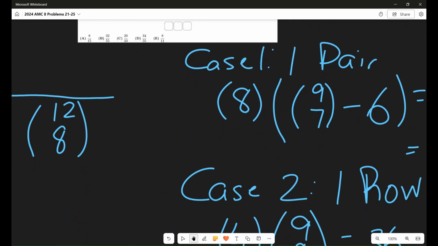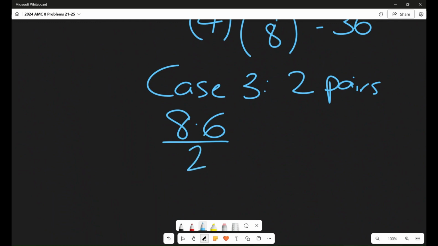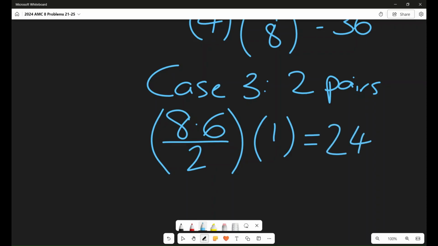So, for each pair, so that's 8, there's 6 ways to choose the other pair. And we double counted everything since we could have chosen anything in reverse order. And now that we've chosen 2 pairs of empty seats, there's only one way to place the other 8 passengers since there's only 8 remaining seats. So that comes out to 24.